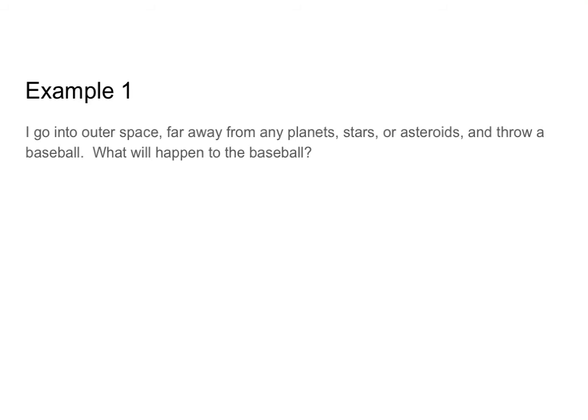So that brings us to our example here. If I go into outer space, far away from any planets, stars, or asteroids, so no gravity, and I throw a baseball, what's going to happen to that baseball? So according to Newton's first law, if there are no forces acting on an object, it's going to continue moving with a constant velocity. So my baseball is going to move at a constant velocity forever, as long as no forces act on it.